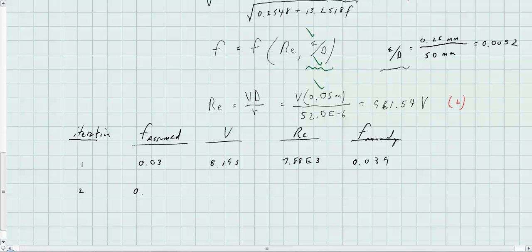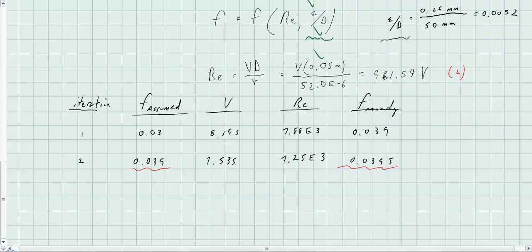We're taking the F Moody as the new guess, placing it in, just like we did in the previous iteration. We can get these numbers. So that's pretty close. Between the guess, the final, if we take that velocity multiplied by the area of the tube, we can get the flow rate.